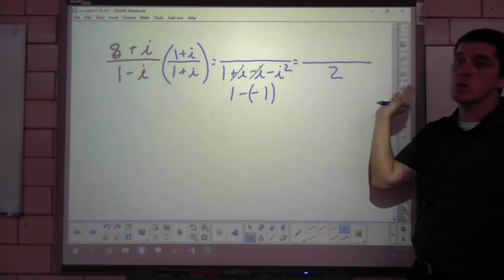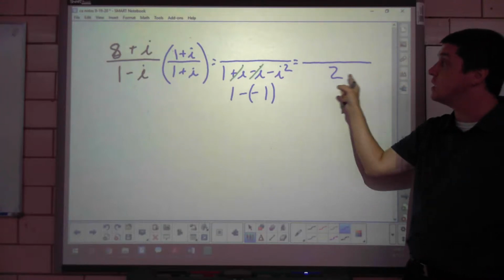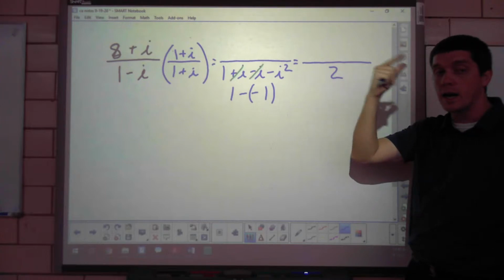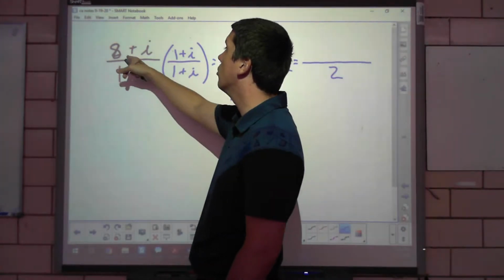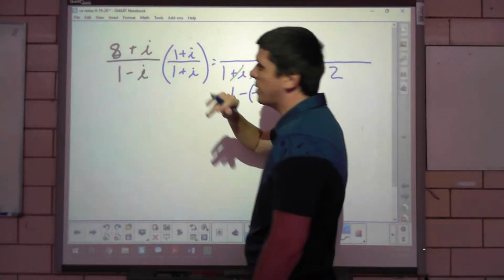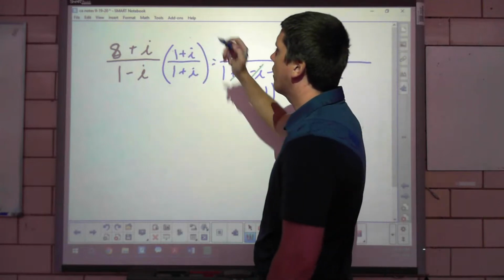So I said I like to always multiply the denominator first, just because that way, if I didn't cancel out the i, I know, wait, I need to rethink this. So FOIL the top here. I'd hate to FOIL the top and then realize, oh no, I messed up. So I FOIL the top.